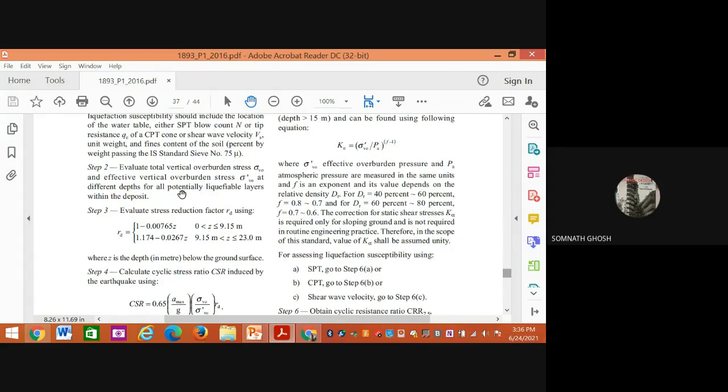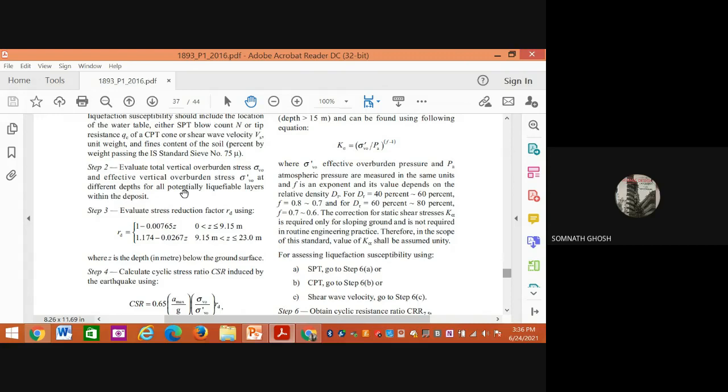In the second step, evaluate the total overburden stress, or effective overburden stress at different depths, right? This is important because if the overburden pressure increases, then the soil is already stressed.